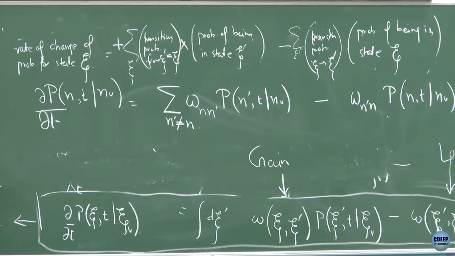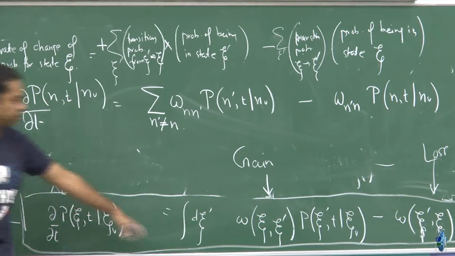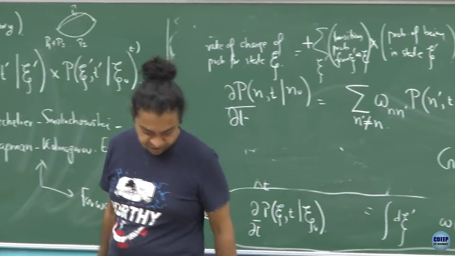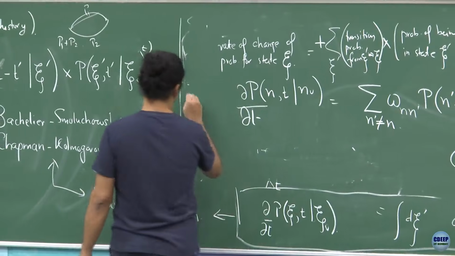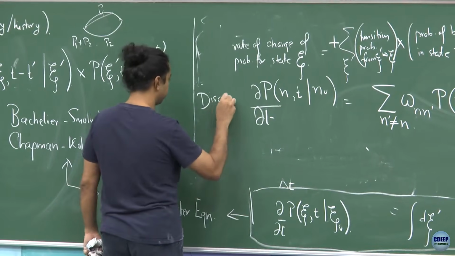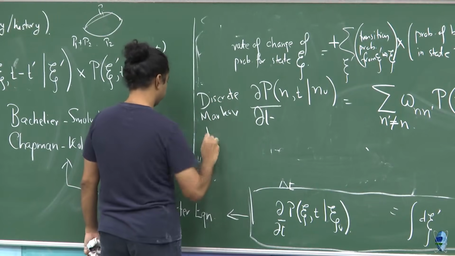So, in particular, if your stochastic variable is discrete, it can take discrete values rather than a continuous value. This integral just becomes a summation, but everything else remains the same. The interpretation of the master equation stays the same. So, these are discrete Markov processes. In principle, you can think of that integral as a continuous Markov process. This is a discrete Markov process.